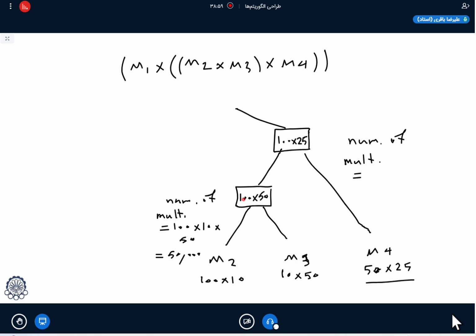The number of multiplications is 100 multiplied by 50 multiplied by 25. It's 125 thousand.